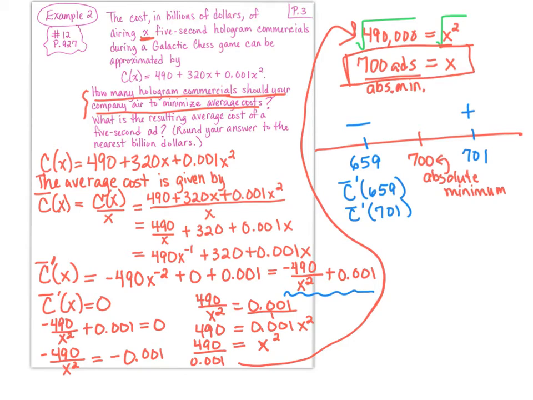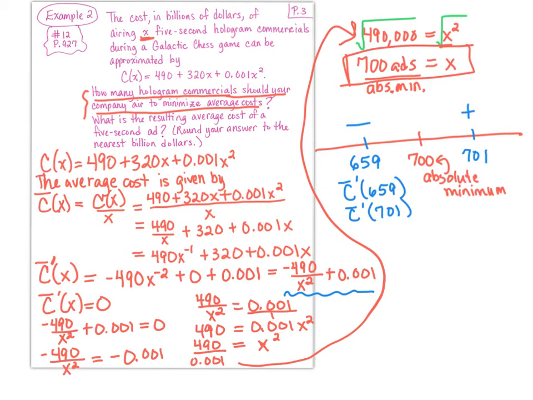Then, what is the resulting average cost of a 5-second ad? Now we need to actually plug 700 into our average cost.